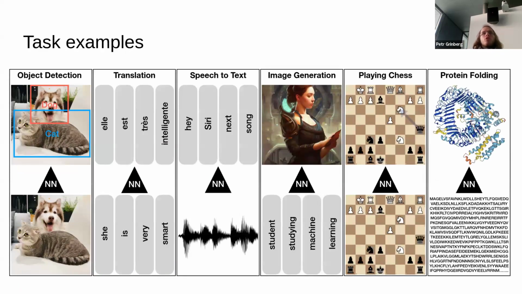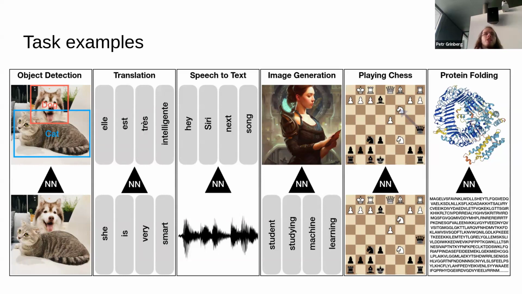And examples of deep learning applications, probably you have heard about many of them, but they can include, for example, object detection. You have a picture of a dog and a cat, and you want to put a rectangle on a dog, put a rectangle on a cat, and detect where they are located in the image. This is especially helpful in autonomous driving, for example.